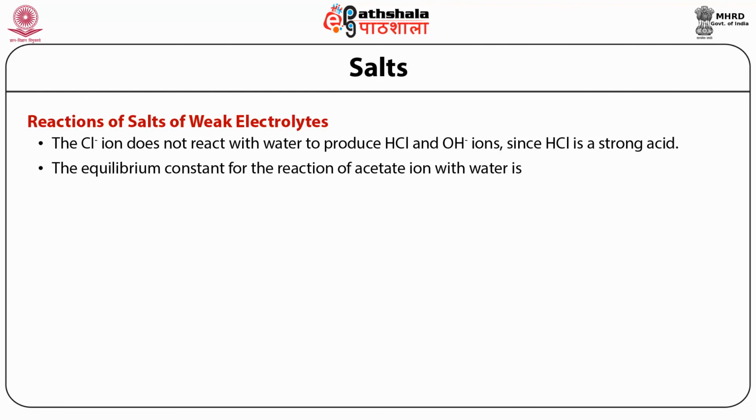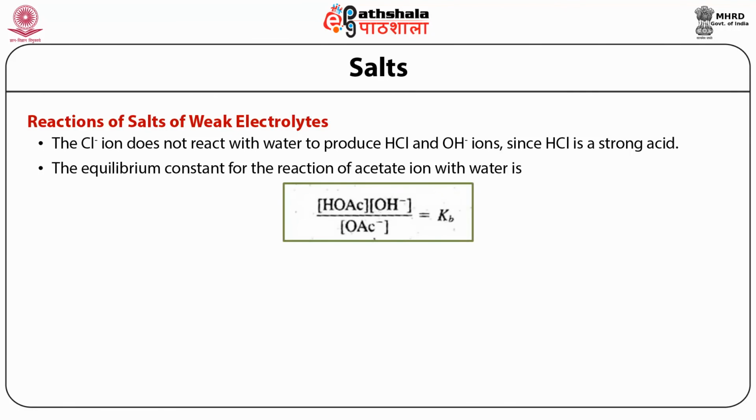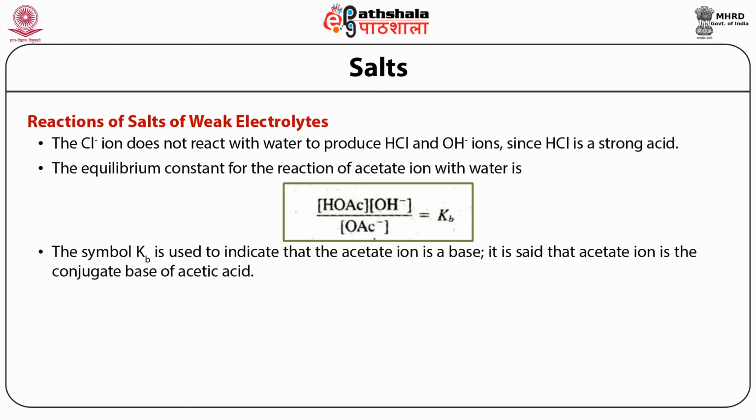The equilibrium constant for the reaction of acetate ion with water is the concentration of acetic acid times the concentration of OH- divided by the concentration of acetate ion, which equals Kb. The symbol Kb is used to indicate that the acetate ion is a base. It is said that the acetate ion is the conjugate base of acetic acid.